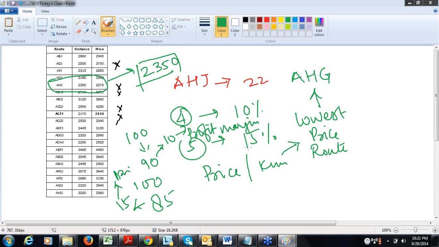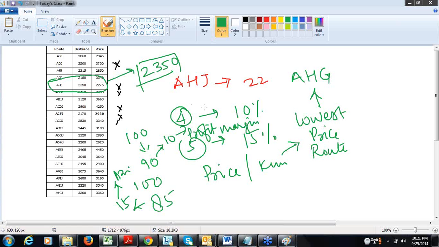Okay, got it everybody? Or do I still have to make it a little clearer? Yes, it depends. Price per kilometer depends upon both things, the distance and the price, obviously.